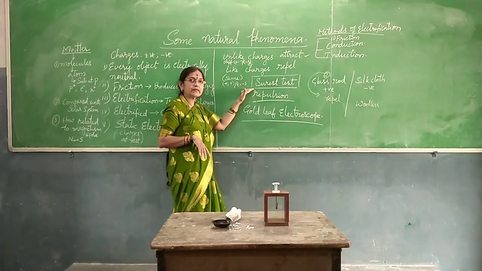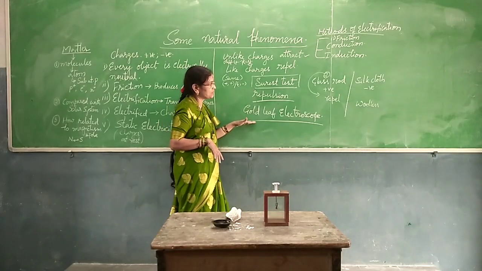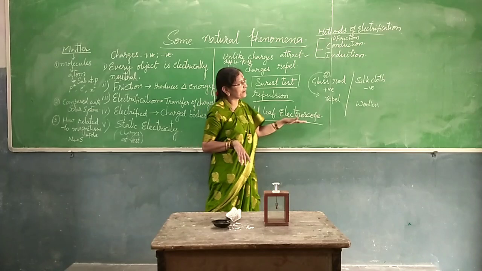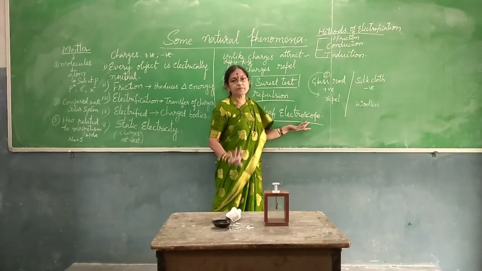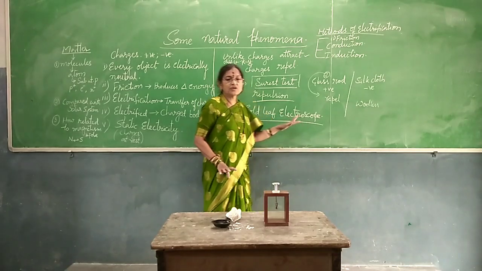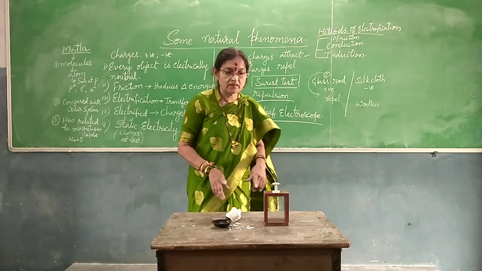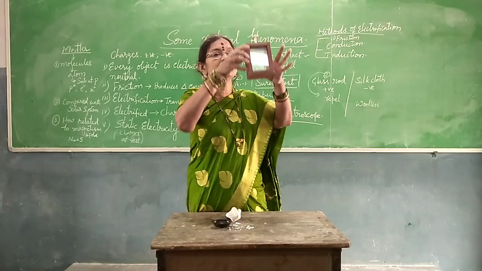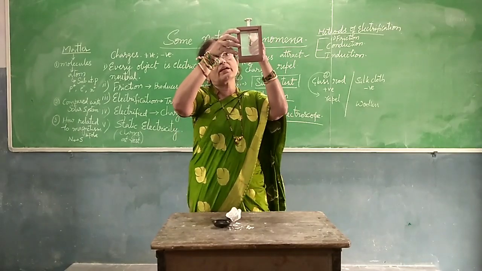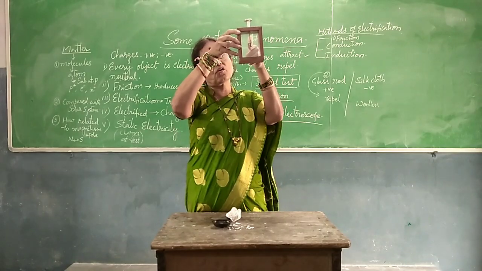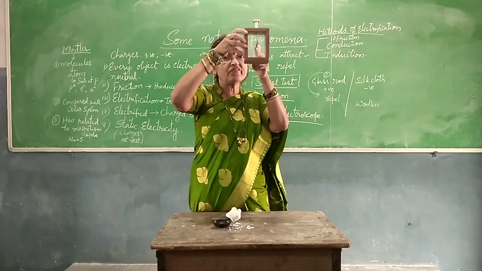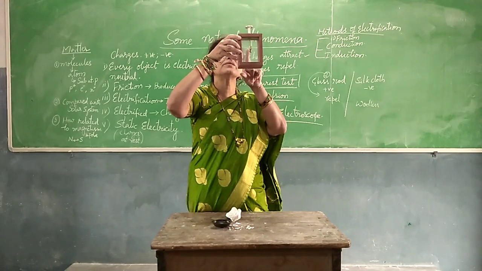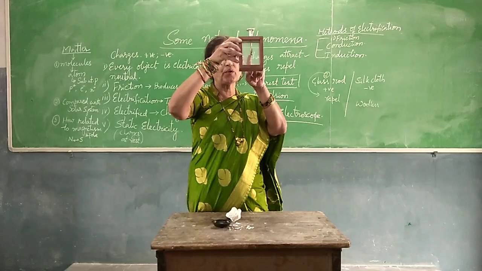And how will you detect it? By using an instrument known as the gold leaf electroscope. This gold leaf electroscope is a box-like structure, fitted with glass to see inside, and to one rod we fix two thin gold strips, which are known as gold leaves.